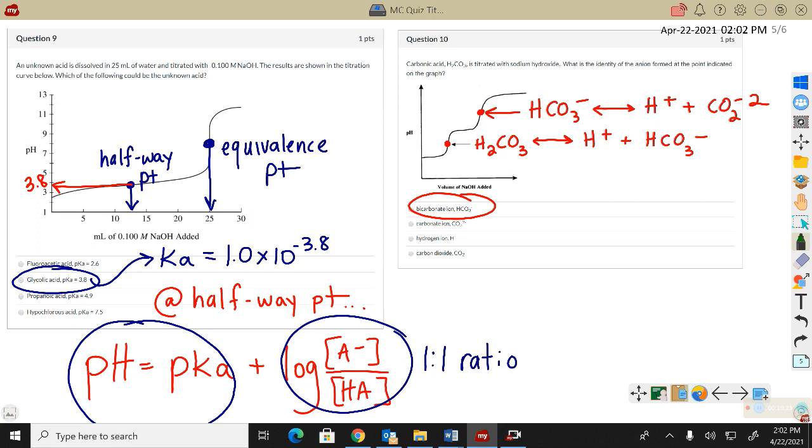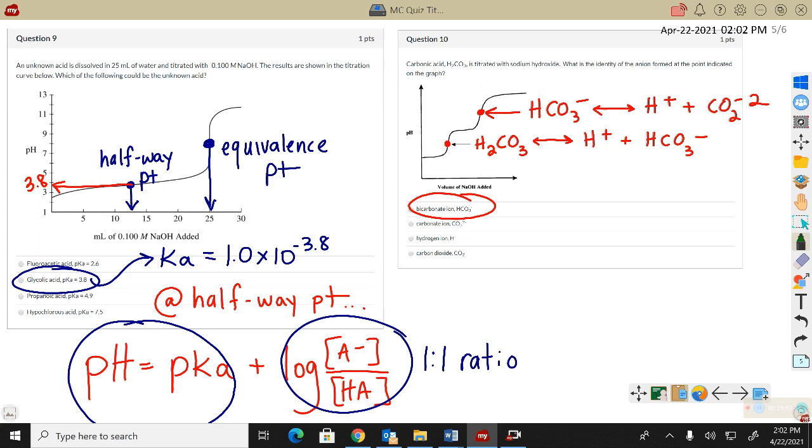So it'll be the H2CO3 giving off its first hydrogen, and the negative anion formed would then be the bicarbonate or hydrogen carbonate ion. Now up at the second equivalence point, that bicarbonate ion would lose its second hydrogen, and then the anion would be the carbonate 2- ion.